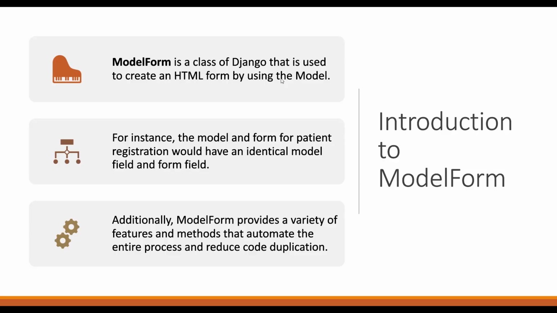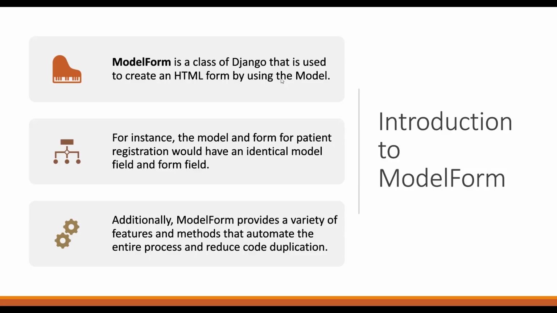Suppose we are creating a database driven app, and there is a good possibility that our form will closely resemble a Django model. For instance, the model and the form for a patient registration would have identical model fields and form fields.